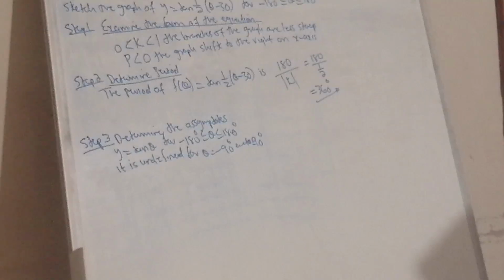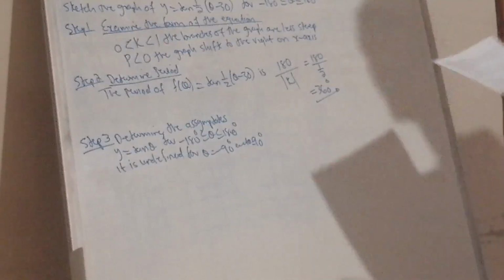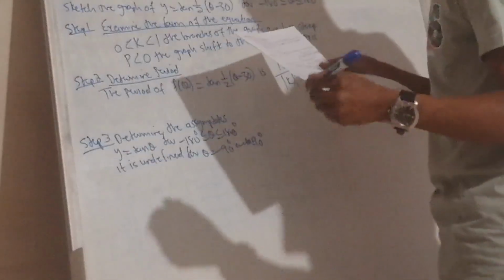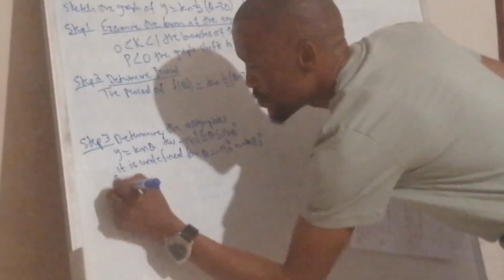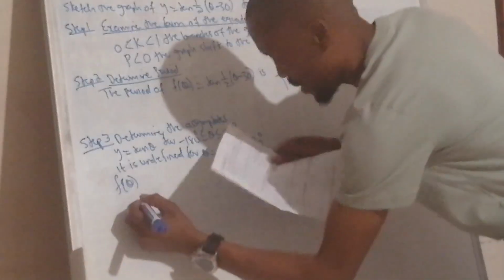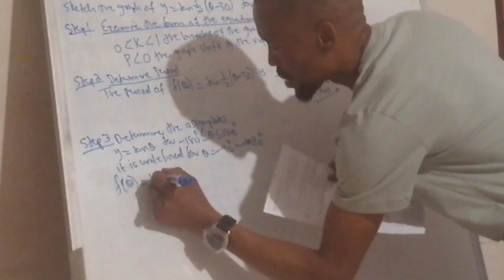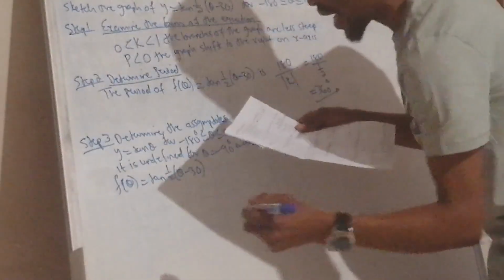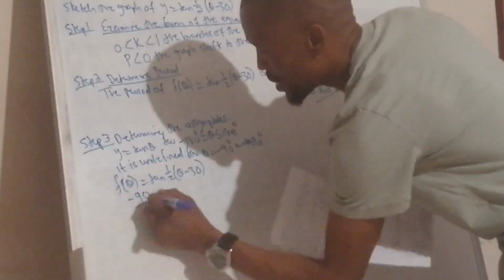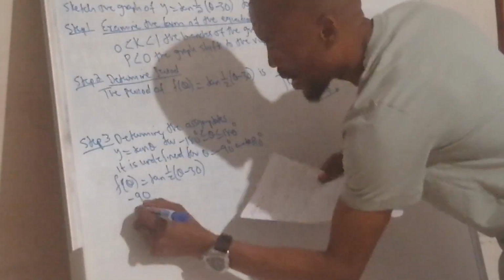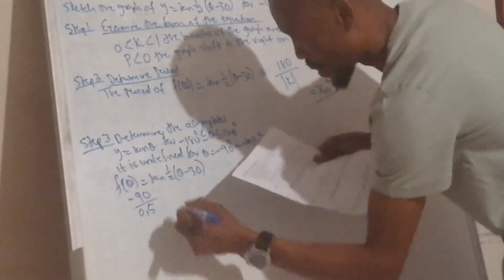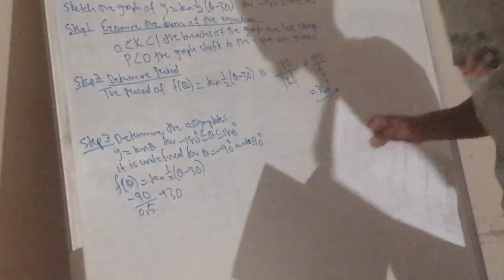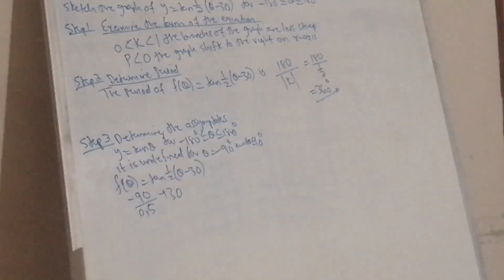Therefore, we can determine the asymptotes of f(theta) equals the tan of 1/2 theta minus 30 degrees: minus 90 over 0.5 plus 30. This is how you do it. This is very, very important.